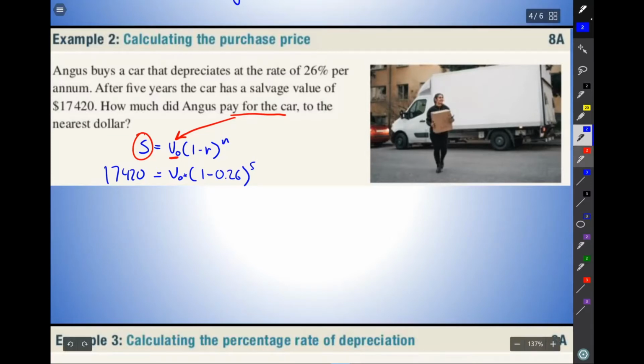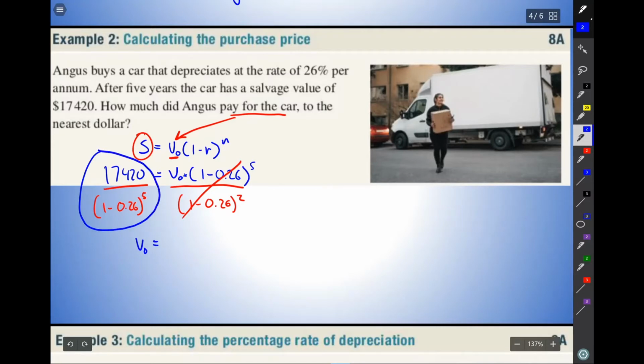So what we need to do is just divide both sides of the equation by this whole term here. On this side it cancels out, and then it is now on this side of the equation. Now, if you put this into your calculator, you get the answer, which is something like this.